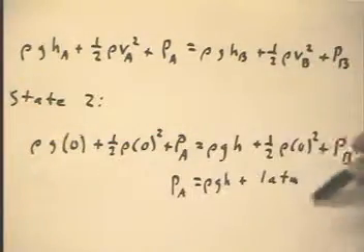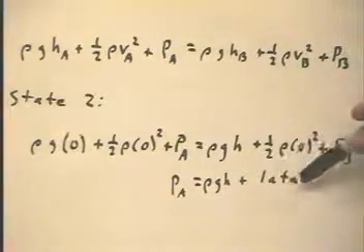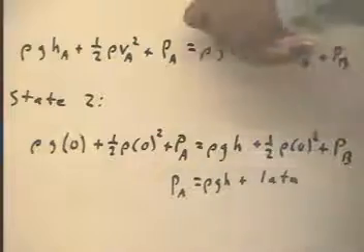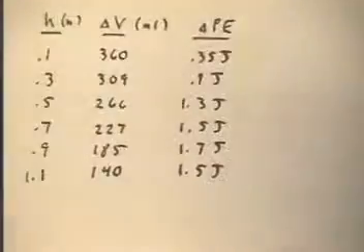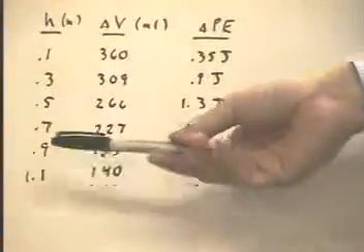So that might help. You should go ahead, if you're doing this at home, and calculate the potential energy gains for different heights h, from 0.1 to 1.1 meters, going by odd tenths, that is 0.1, 0.3, 0.5, 0.7, 0.9, and 1.1.